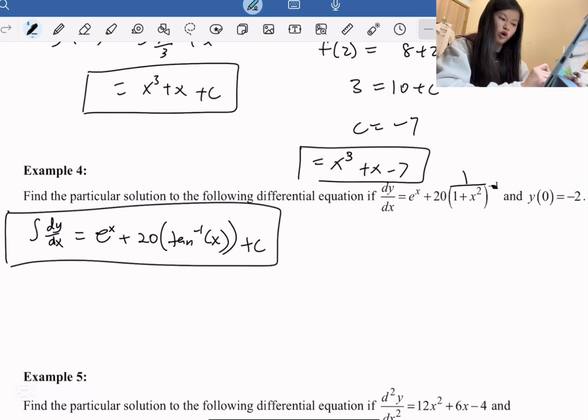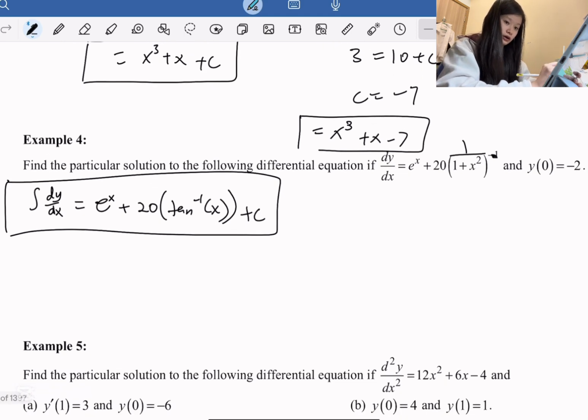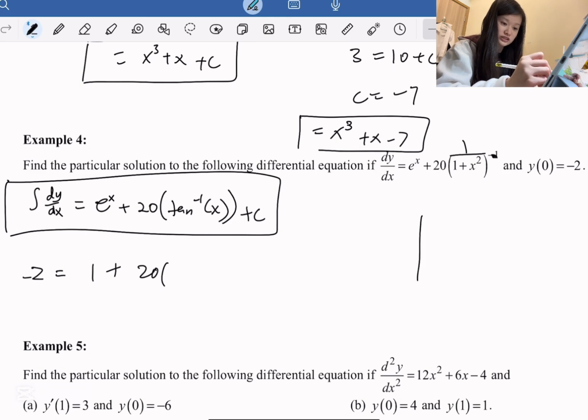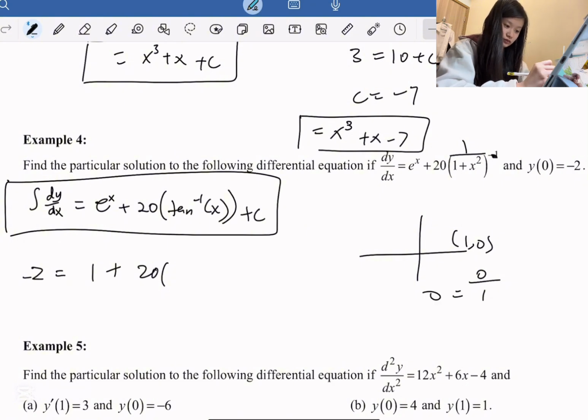My boxes are a bit wonky, sorry about that, but same thing, plug it in. So e to the power of 0 will be 1. E to the power of 0 will be 1 plus 20 tan inverse of 0. Tan inverse of 0 is 0.